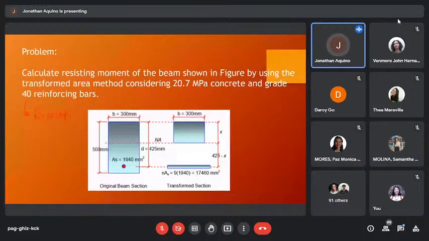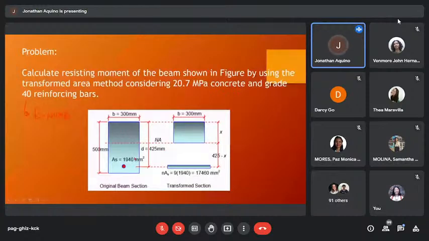So the given beam dimension is 300 by 500 h, the height, and the effective depth d is equal to 425 millimeter. So the area of reinforcing steel is 1,940 millimeters squared.